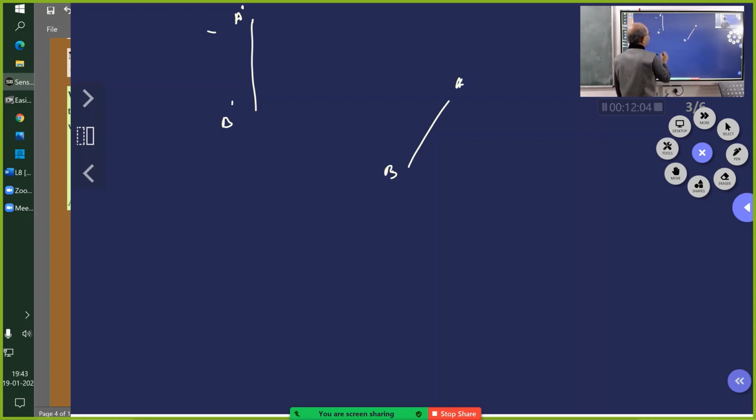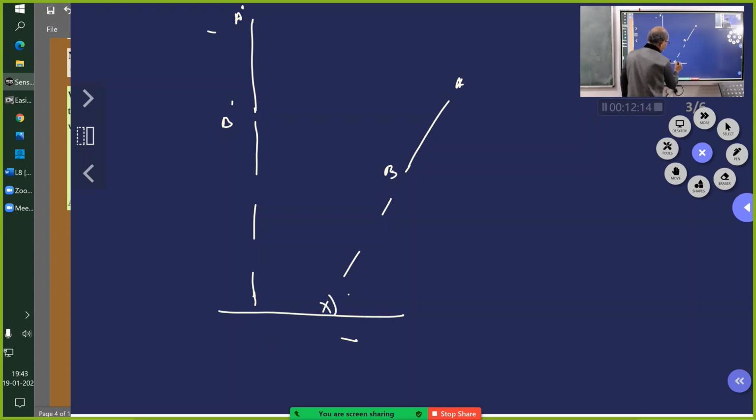Are you all with me? So what they have done is, this one they have taken θ1, this one they have taken θ2. So I will draw a line parallel to A dash B dash.